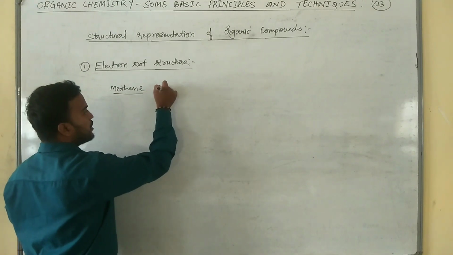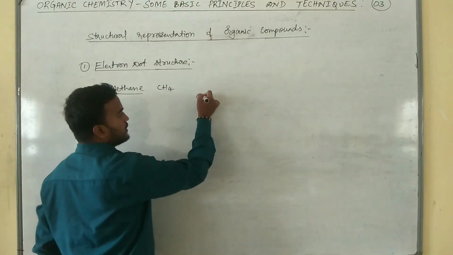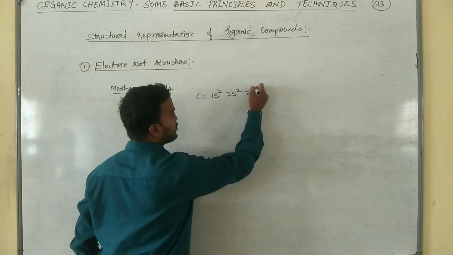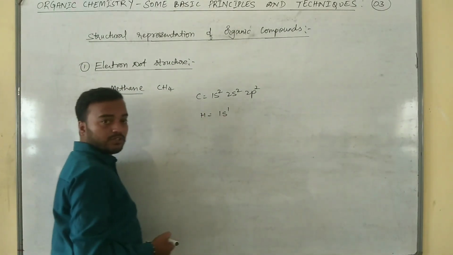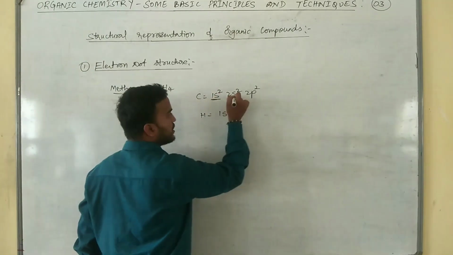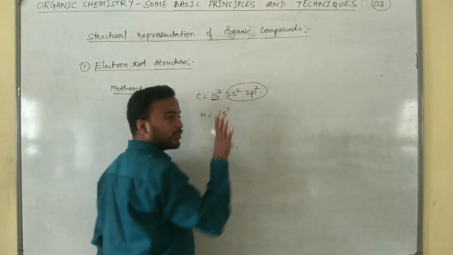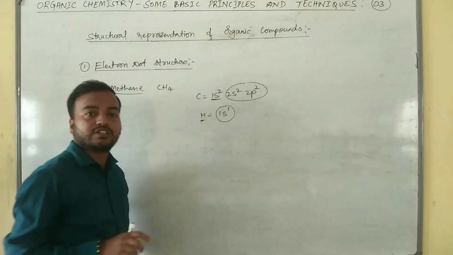Methane has the formula CH4. Carbon has the electronic configuration 1s2, 2s2, 2p2. Hydrogen has the electronic configuration 1s1. In carbon, this is the first shell and this is the valence shell. Carbon has 4 electrons in the valence shell, and hydrogen has only 1 electron in the valence shell.